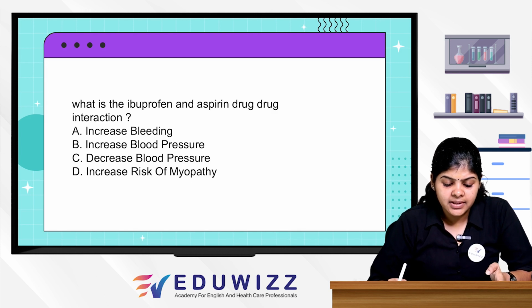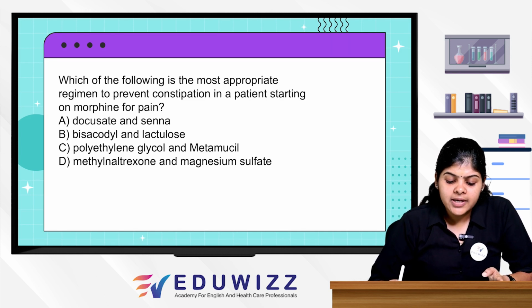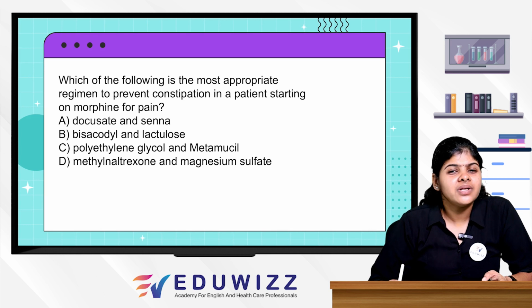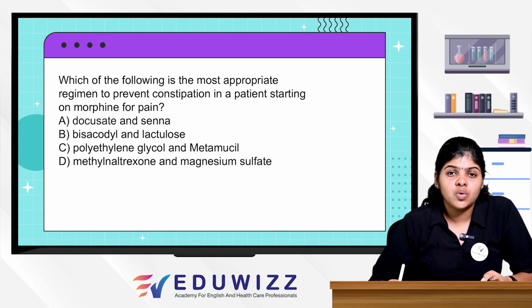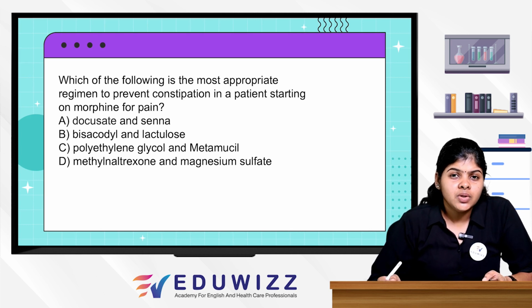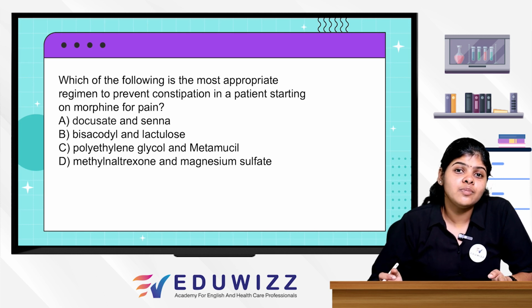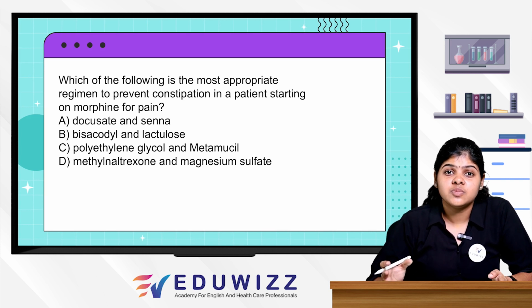The next question is: which of the following is the most appropriate regimen to prevent constipation in patients starting on morphine for pain? There is a pain ladder. In that ladder, we first prefer paracetamol, then ibuprofen, then tramadol, and the last and most used drug for cancer patients is morphine, since they can't bear that much pain.